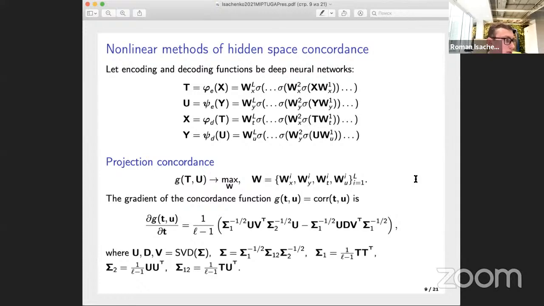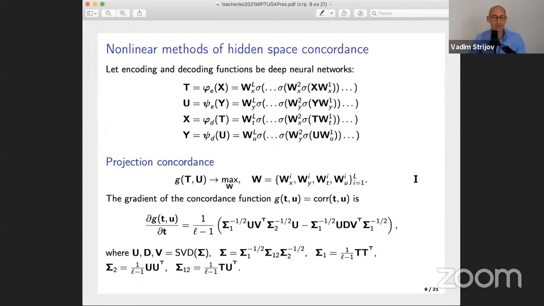No, the short answer is no. It's a good idea to try. Yes, maybe in future work. No, now we didn't consider any generative models such as VAE, GANs, or something like that.